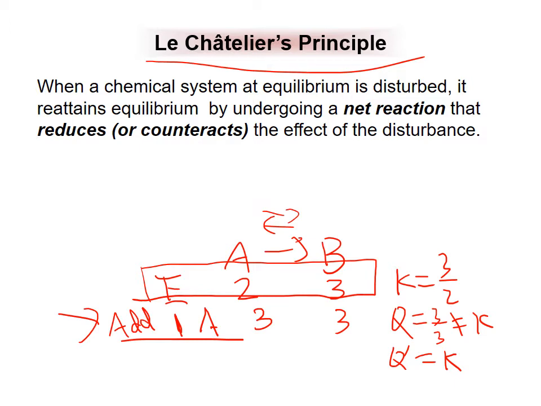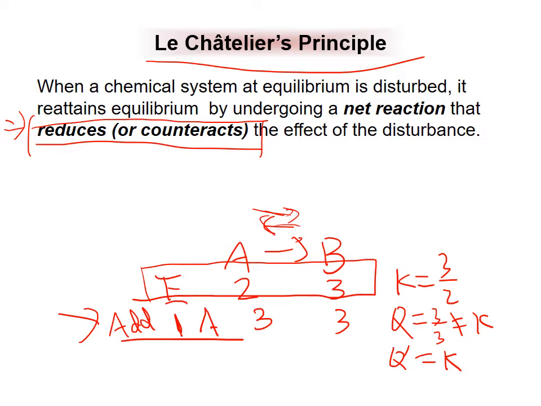It re-attains equilibrium by undergoing a net reaction, so either go forward or go reverse, that reduces or counteracts the effect of the disturbance. This is the key of this principle, and we'll explain in detail in the next slide.